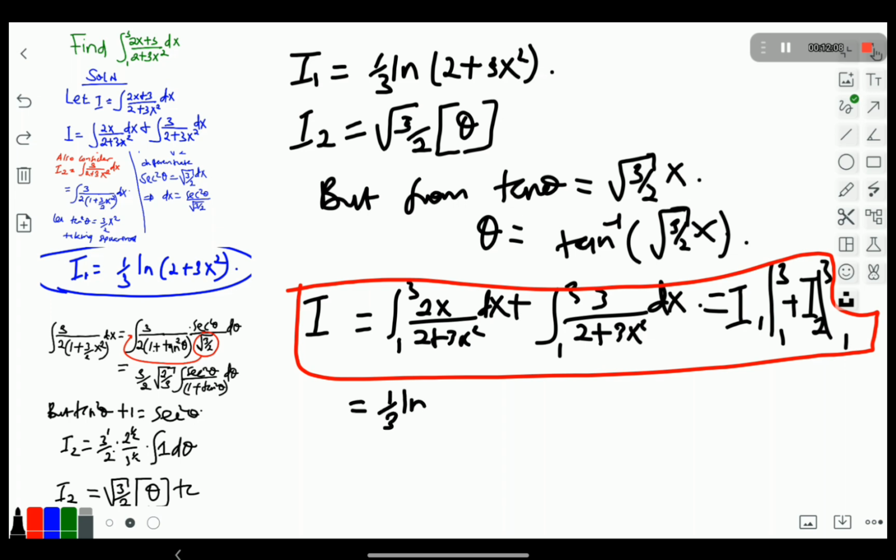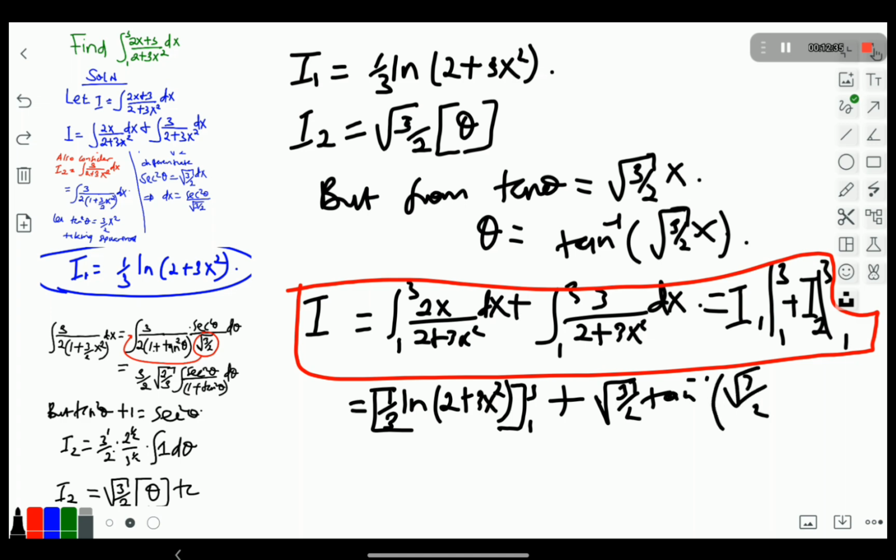The I1 will be 1 over 3 ln of 2 plus 3 times x squared, with the limit from 1 to 3, plus the integral of the next one, I2, which is root 3 divided by 2, then theta. But we know what theta is: root 3 over 2 x. Also it is from 1 to 3.